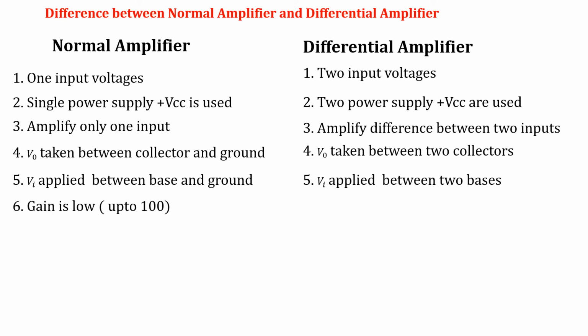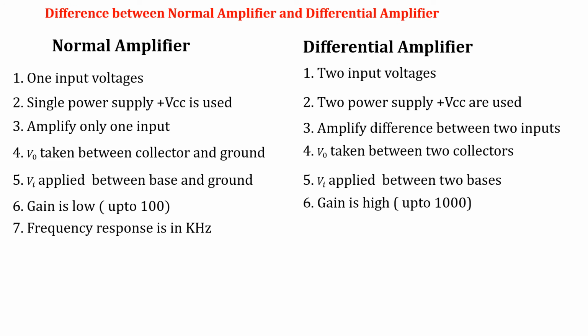As we discussed earlier, the normal or ordinary amplifier has low gain and is not practically useful. Such a gain is up to 100 only. To enhance the gain, we use the differential amplifier. Therefore, the gain of the differential amplifier is very high, up to 1000.